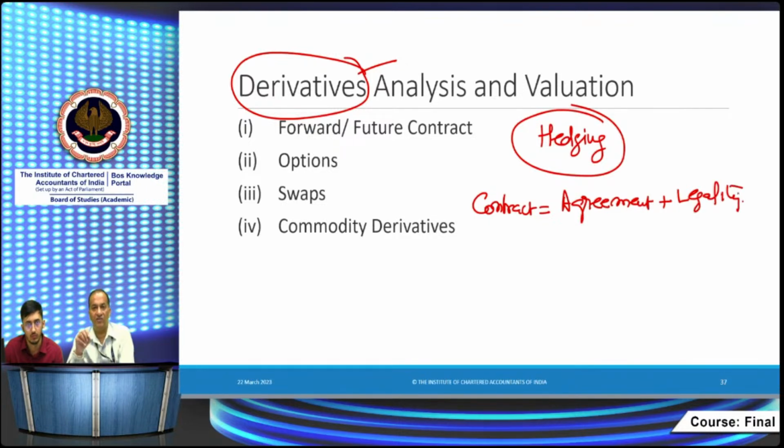This is the basic definition that you have studied in the Indian Contract Act. That becomes a contract. Now, when I talk about the forward contract, it becomes contract plus execution at some future point of time.